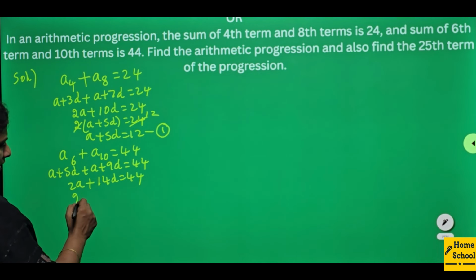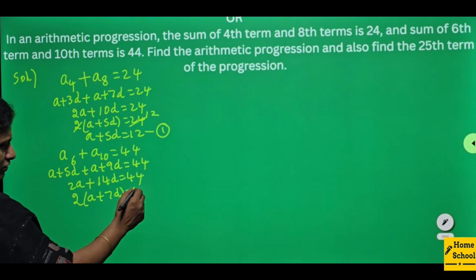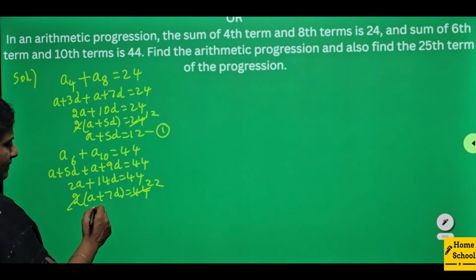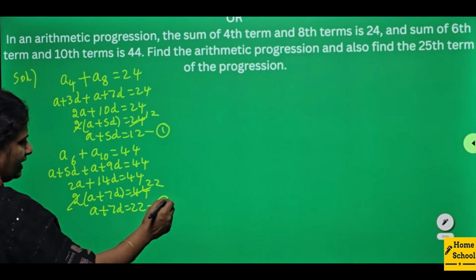Take out 2 common. a plus 7d is equal to 22, since 2 22s are 44. Mark the second equation.